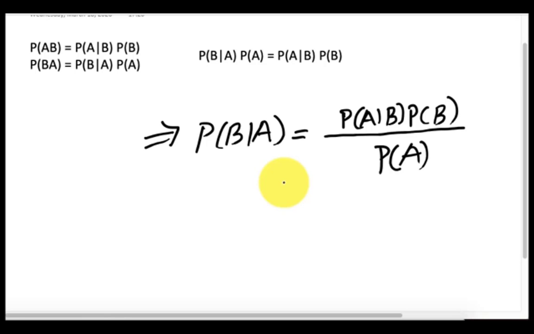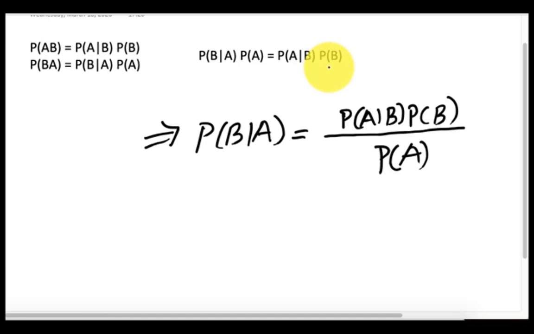The probability of BA is the probability of B given A times the probability of A. And because AB and BA are the same, we can conclude that the right-hand sides of the two equations are the same, and you get the conditional probability of B given A times the probability of A is the same as the conditional probability of A given B times the probability of B.